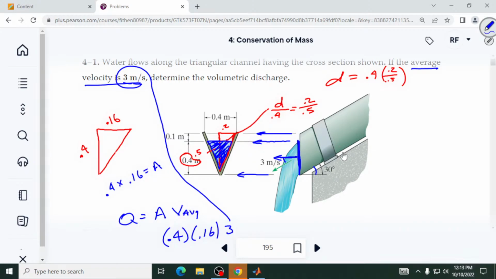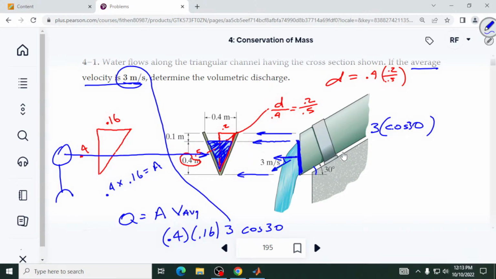So a person way back over here sees this as the geometry. The flow rate is 3 meters per second this way, but you have to dot it with this normal, and the difference between them is 30 degrees. If in fact it were 0, it would be fine, but it's not. It's 30, so it's 3 times the cosine. So this basically is a cosine of 30, because of the value you see there.